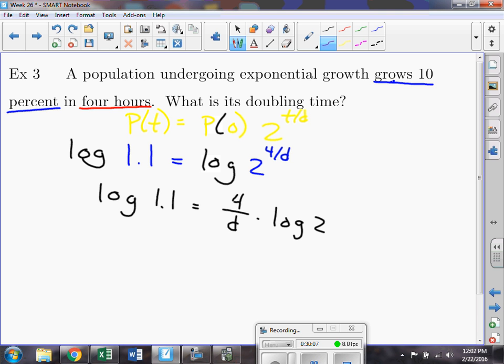And now what? I'm going to choose to multiply by d, which gives me d times the logarithm of 1.1 equals 4 times the logarithm of 2.